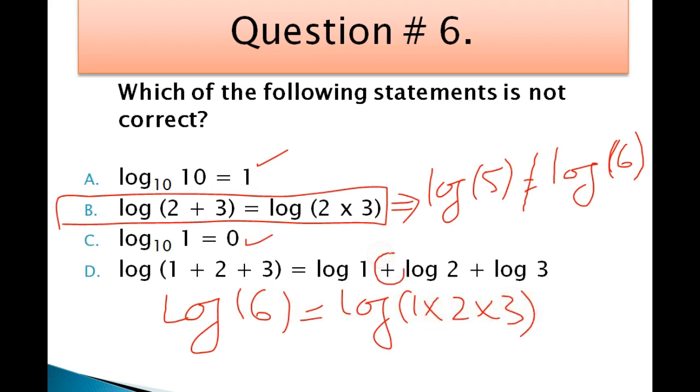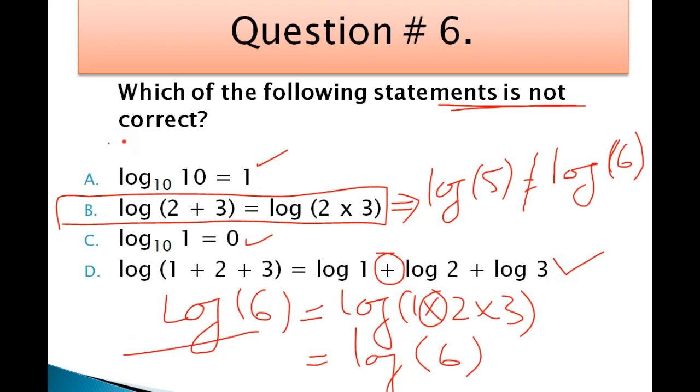So addition will be converted into multiplication. So it's log 6, and it is equal to log 6. So that option is also correct. So the option that is not correct is the B option. You have to choose that one option which is not correct. So the right option is B option.